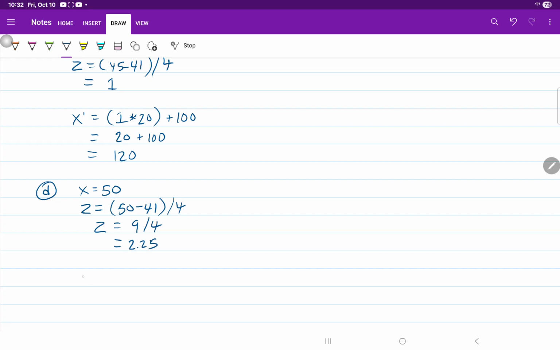To figure x prime, we take that z-score of 2.25, multiply it by the desired standard deviation, and add our desired mean, and that will give us 145. Here's the intermediate step, by the way, sorry: 2.25 times 20 is 45, plus 100 is where we get that 145.